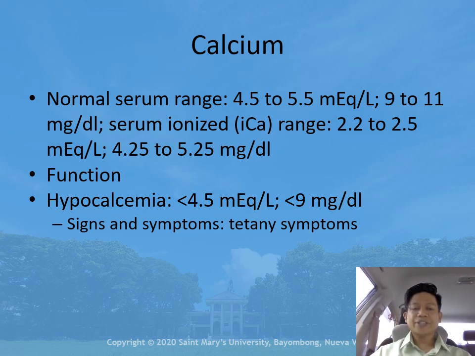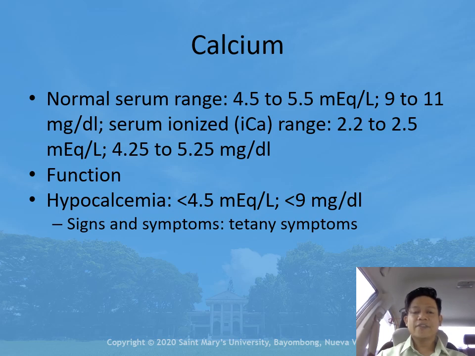A nurse is teaching a client about ways to avoid hypocalcemia. Dietary recommendations indicate that the vitamin that is necessary for calcium absorption is vitamin D. Vitamin D enhances the absorption of calcium in the body.